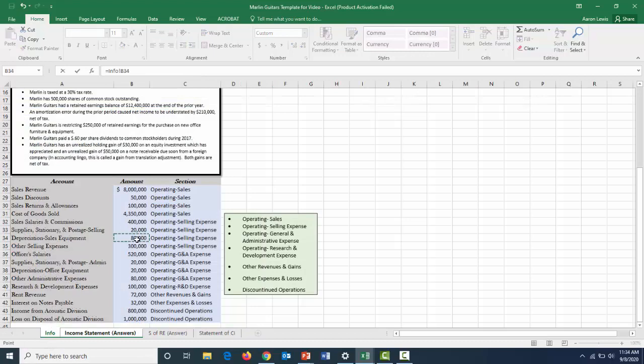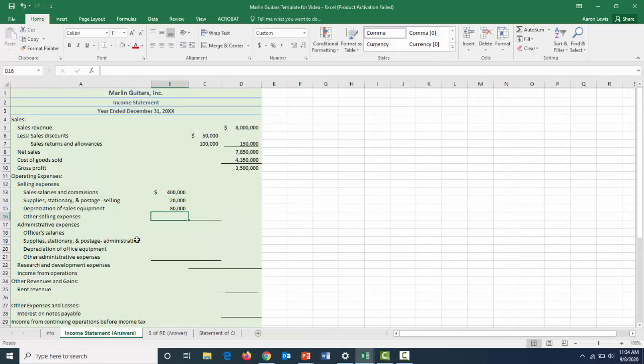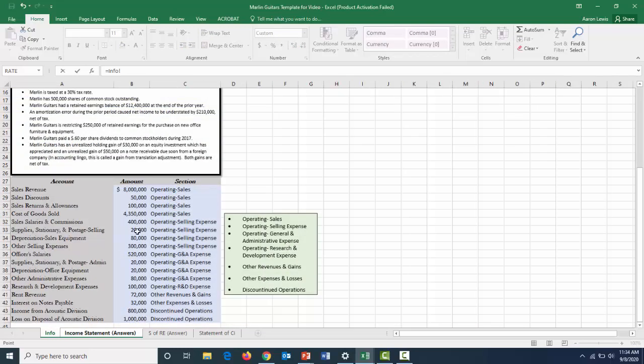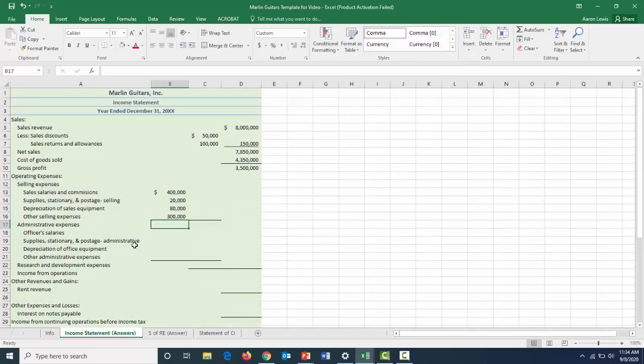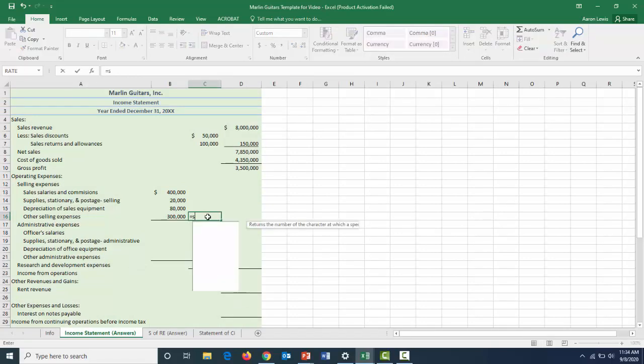Well, that was $80,000. So we're going to bring that number over. And then lastly, our other selling expenses, or anything else that's various, was $300,000. We're going to bring that number over. And then when we total it up, our total selling expenses are going to be equal to the sum of those four numbers. So equals sum with that range of cells in parentheses, $800,000.